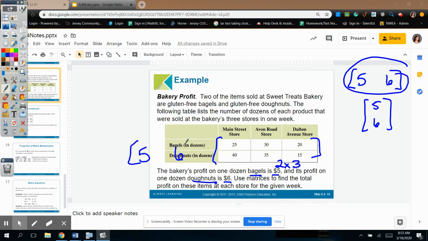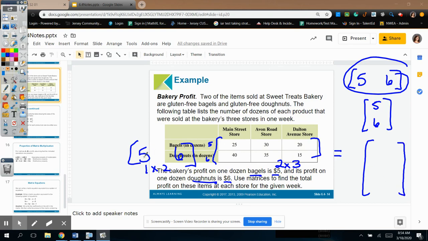So 5, 6 times this guy. And what happens is this 5 would rotate over and the 6 would rotate down, and you'd multiply and take 5 times 25, 5 times 30, 5 times 20. You would add them together and it would tell me the total profit each store would give me. Because this is a 1 by 2, this is a 2 by 3. So my answer is going to be a 1 by 3.